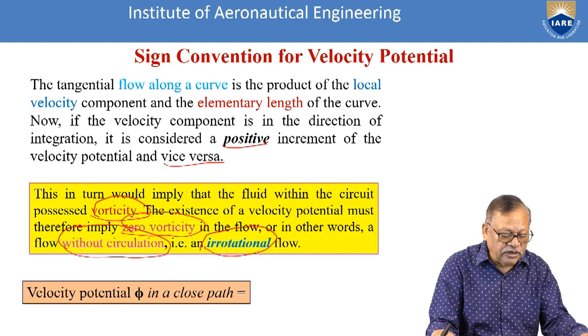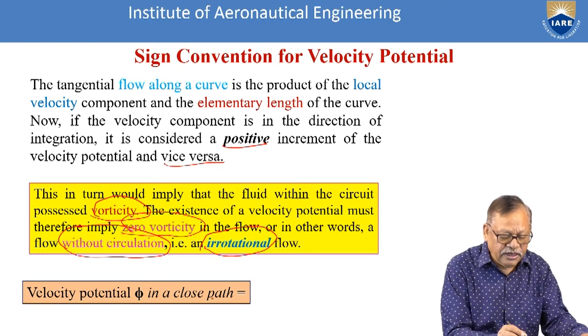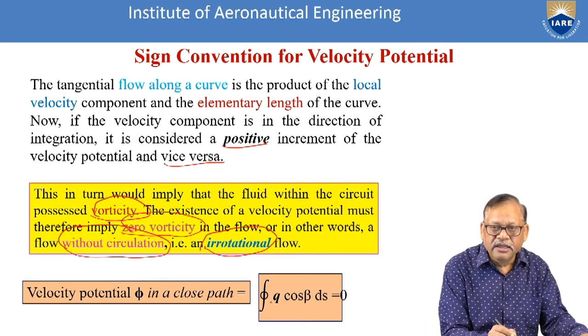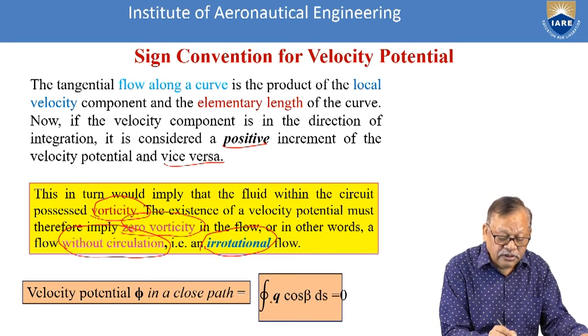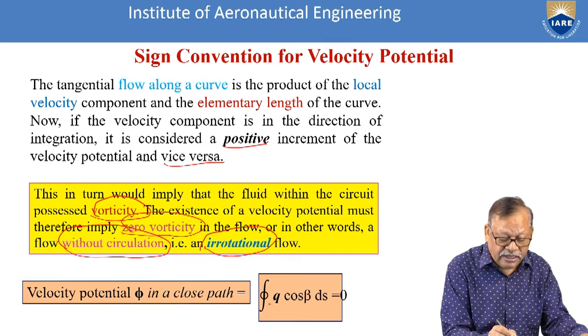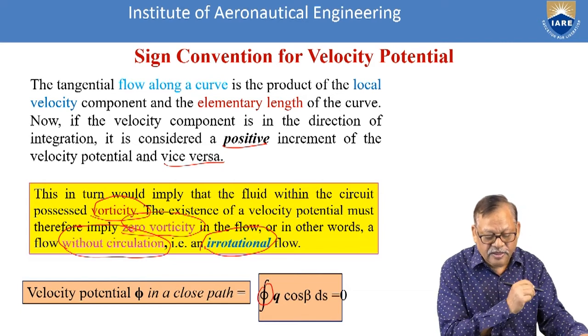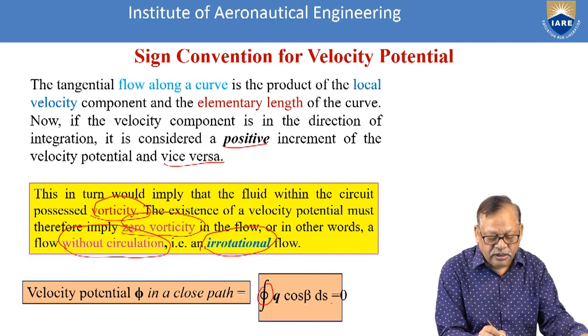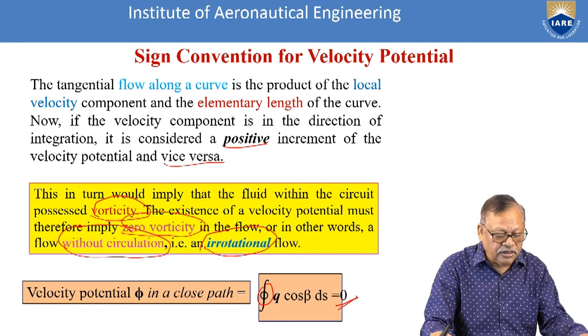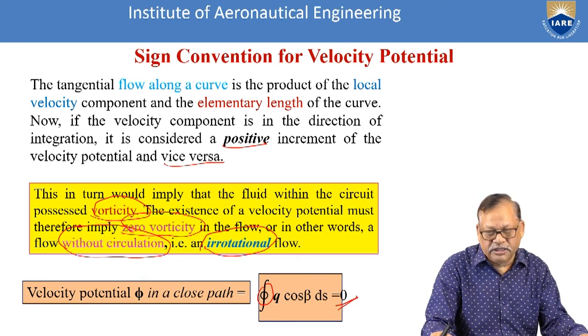So for the velocity potential phi over a closed path, that means when we take a complete circle, we are not taking a line integration, we are taking a complete path circulation and coming back to the same place from where we started. If the integral of q cos beta ds is equal to 0, then we can say the velocity potential phi exists.